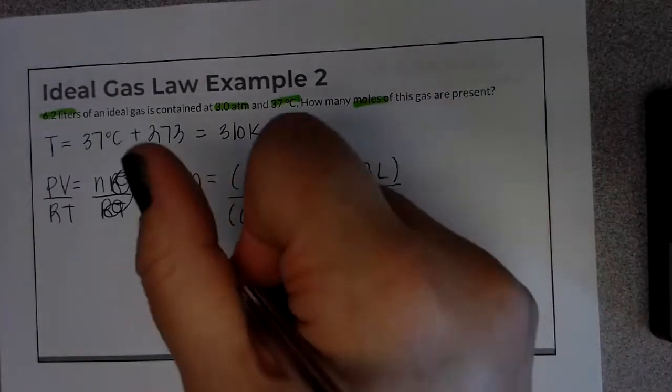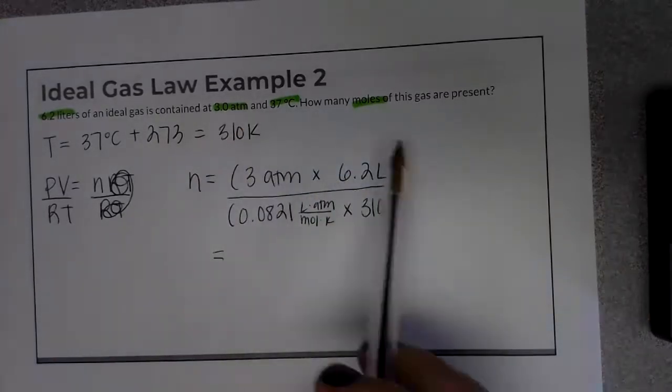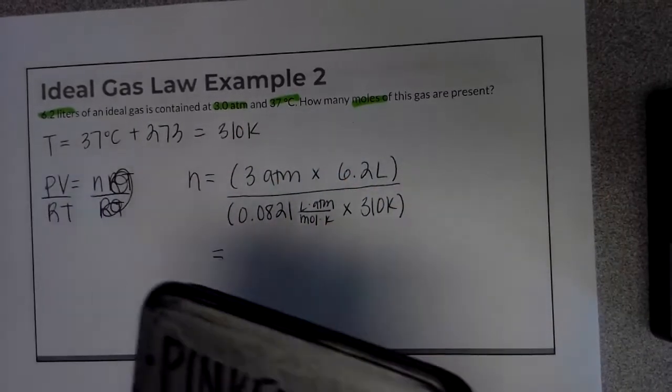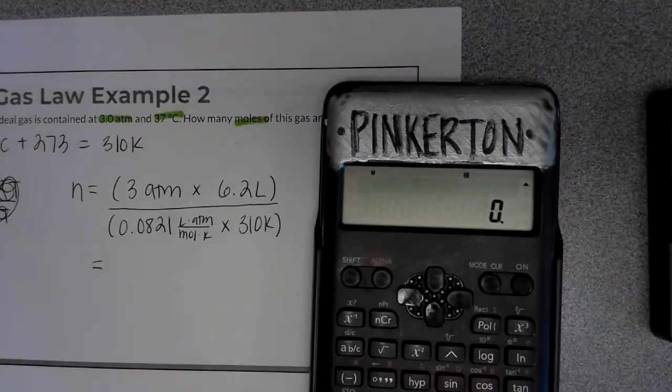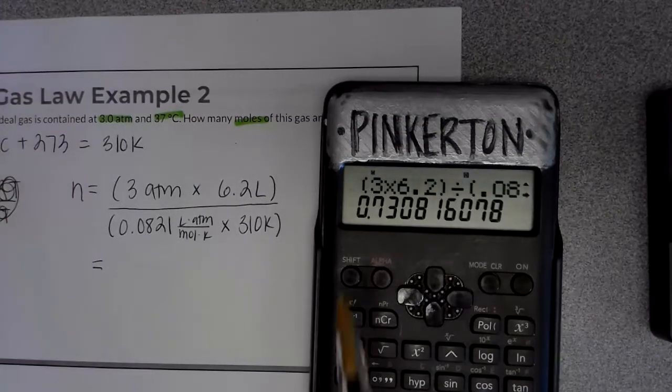If you notice, I put parentheses on top and bottom, and I want to make sure I do the same thing in my calculator so I don't get a funky answer. So parenthesis 3 times 6.2, close parenthesis, divided by parenthesis 0.0821 times 310, close parenthesis. I'm going to get a long number.